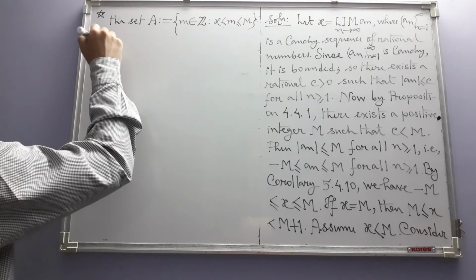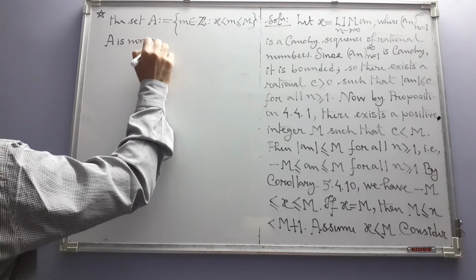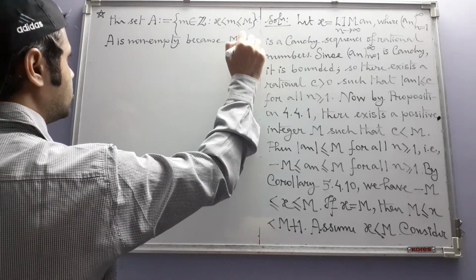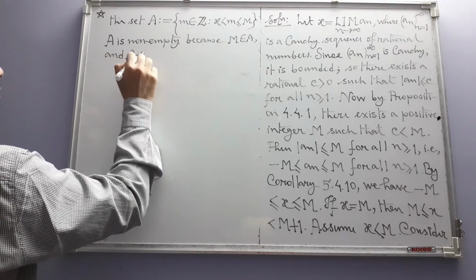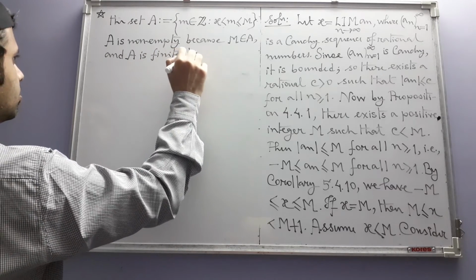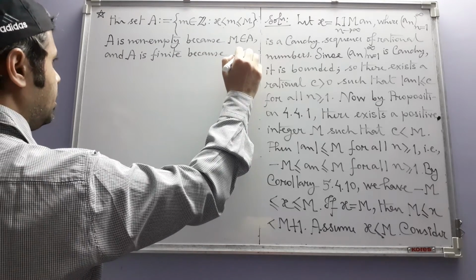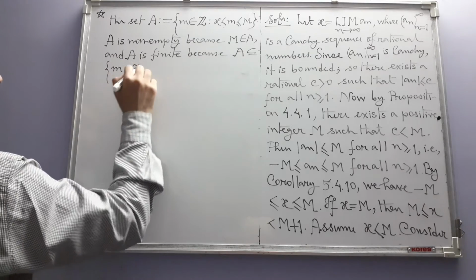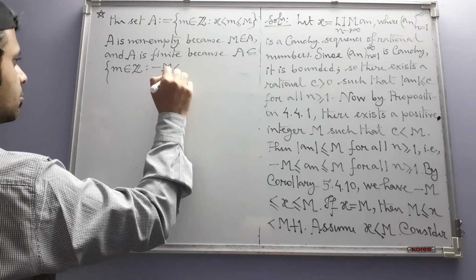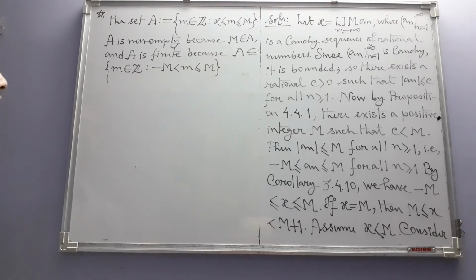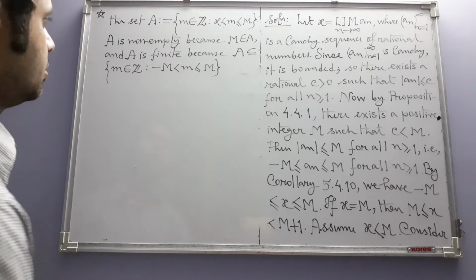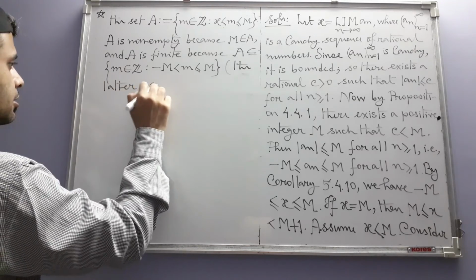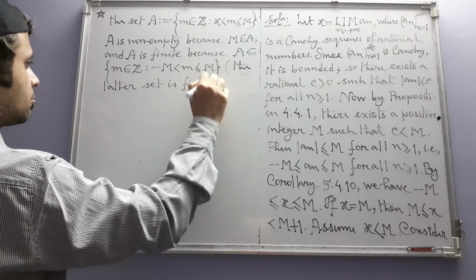Consider the set A. A is non-empty because M belongs to A, and A is finite because A is a subset of the set of all integers satisfying these inequalities, and this latter set is clearly finite.